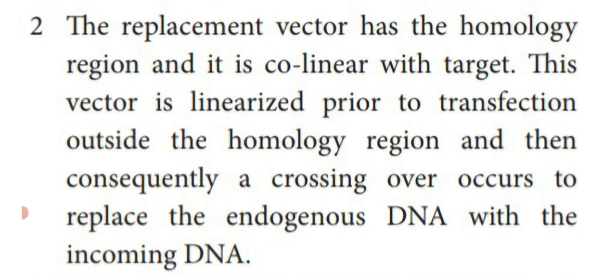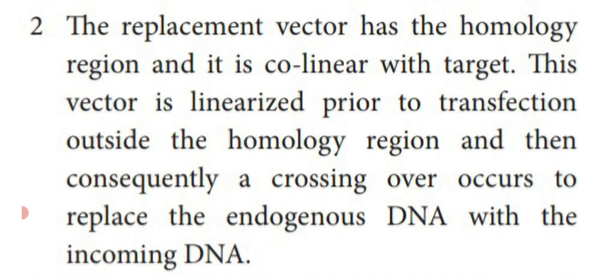This vector is co-linear with the target. That is, this vector is also arranged in the linear position, and it lies parallel to the insertion linear vector. This vector is linearized prior to the transfection, outside the homology region, and then consequently a crossing over occurs to replace the endogenous DNA with the incoming DNA.